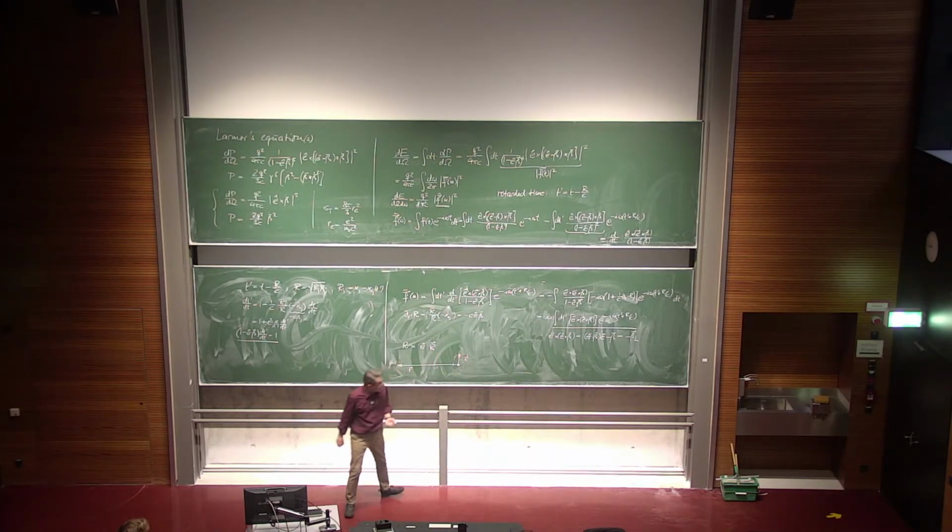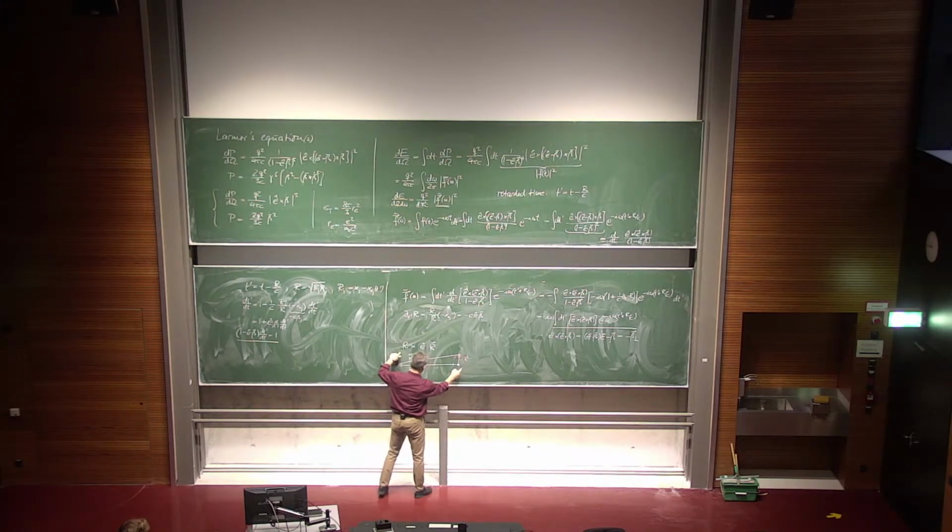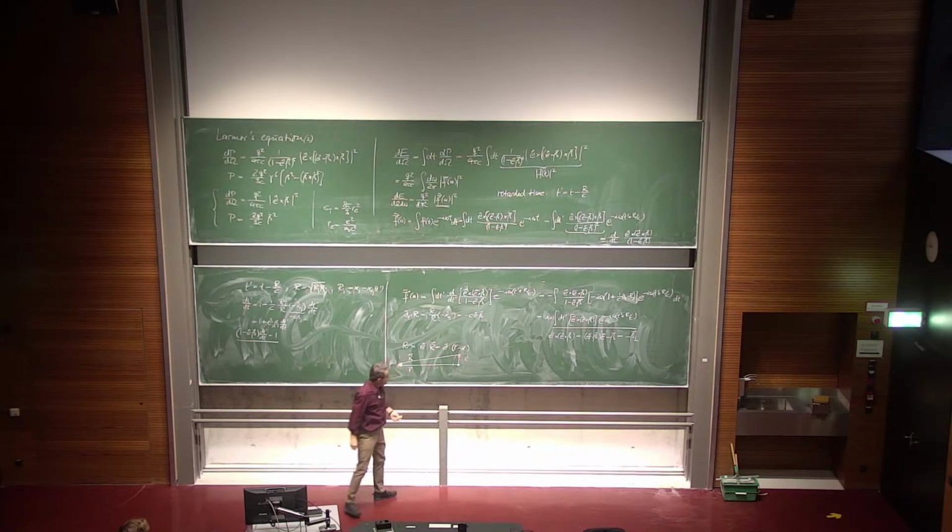And I call the vector from the reference point of that orbit to the charge small x. So then the vector r is obviously minus x plus r. So this is E times r minus x.